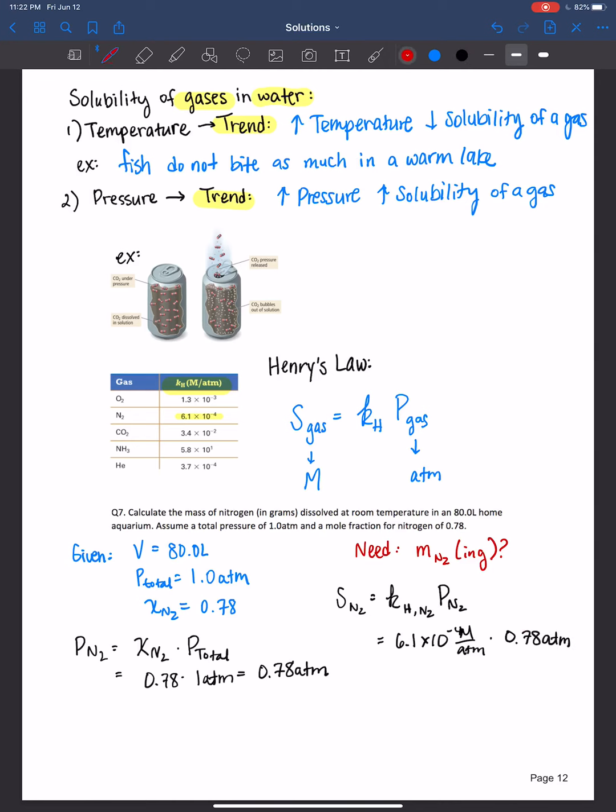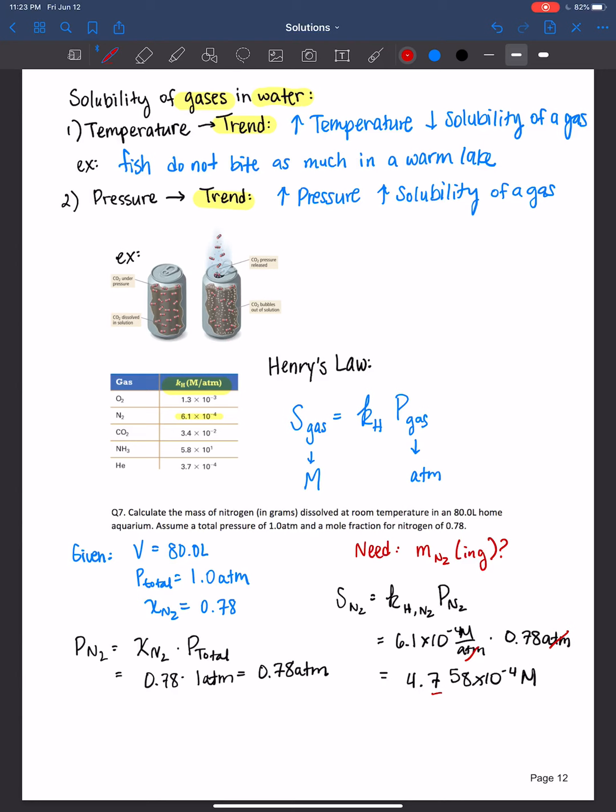We see that the atmospheres cancel out, and we get 4.758 times 10 to the negative fourth molar. And I will just underline, it looks like if I had to round, it would be 2 sig figs, so I'll just keep that in mind. But we're not done yet.